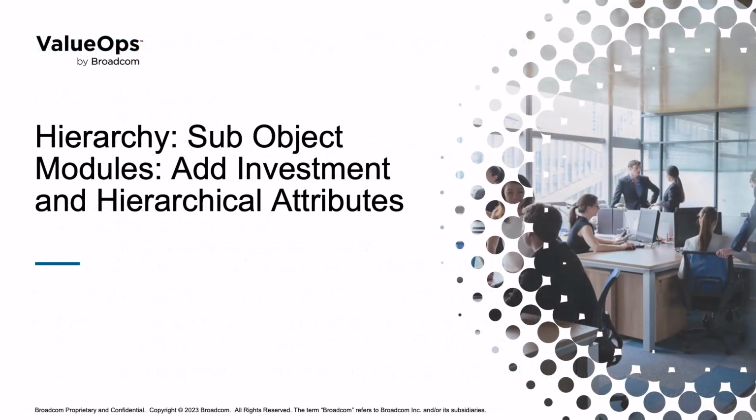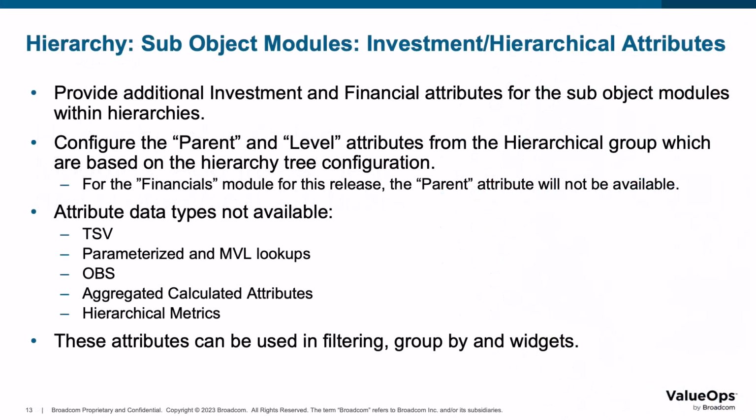So let's discuss the new changes related to the new sub-object modules and adding the additional investment and hierarchical attributes within hierarchy. So we are providing additional investment and financial attributes for the sub-object modules within hierarchy.